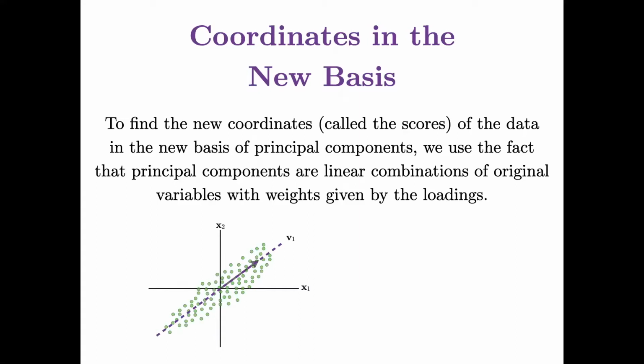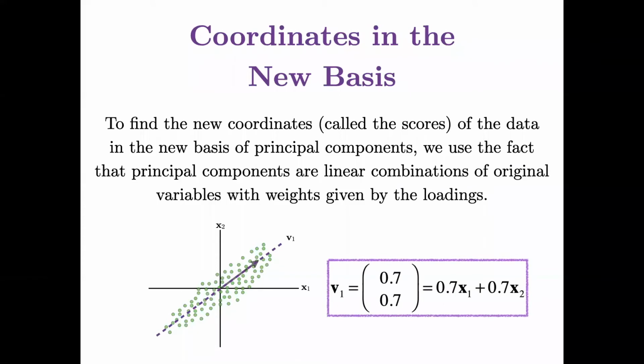Now, this has a geometric interpretation, but it's not always helpful. Sometimes it's easier just for students to think about the fact that principal components are algebraic linear combinations of variables with weights given by the loadings.